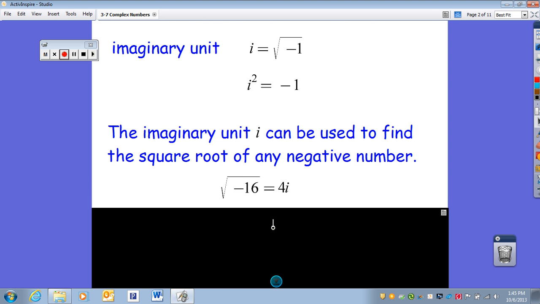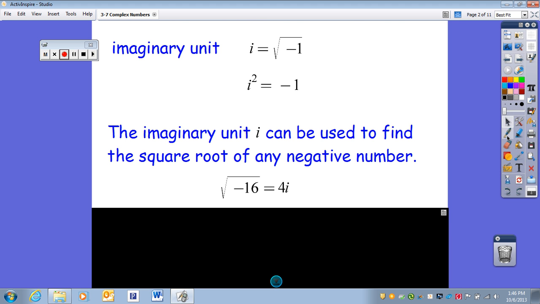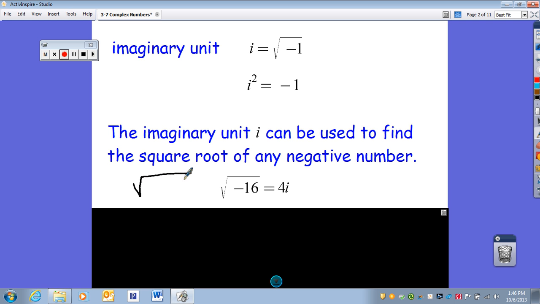For example, if we want to take the square root of negative 16, we would actually separate that into two parts. Underneath the radical, we would separate that into the square root of negative 1 times 16. And then when we take the square root of the negative 1, that would be the letter i, and the square root of 16 would be 4.